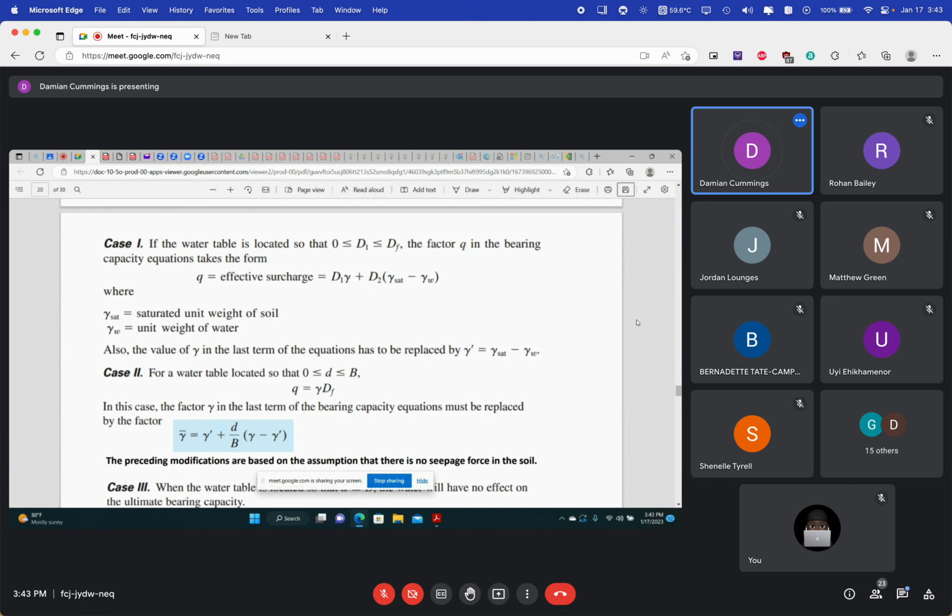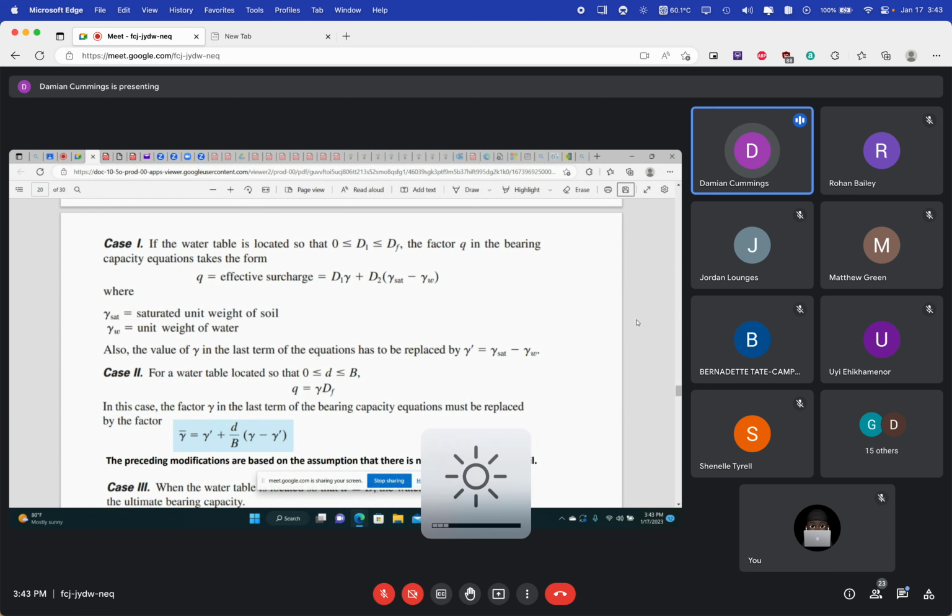All right. So for a water table located so that D is greater than or equal to 0, but less than or equal to B. So for case 2, I'm saying where D, that's the distance from the bottom of the foundation to the water table, some distance down, is greater than or equal to 0.